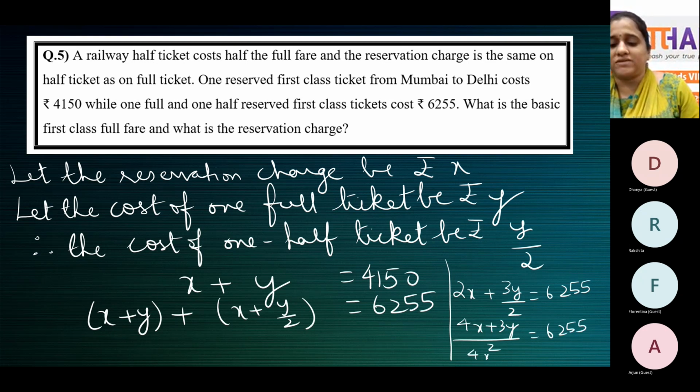So you'll get 4x plus 3y is equal to whatever. When you multiply 0, 1 carry over. Oh my God, I can't multiply. 12,000. How much? 255 to 510. 12,510.